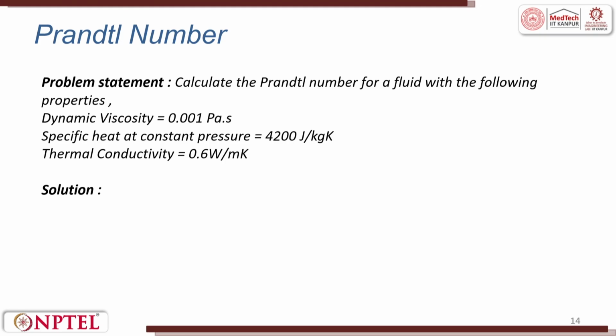Another problem asks about the calculation of the Prandtl number for a fluid when we have been given the dynamic viscosity, specific heat at constant pressure and thermal conductivity as these values. Here we have mu as 0.001 Pascal second, Cp as 4200 joules per kg Kelvin, and thermal conductivity as 0.6 watts per meter Kelvin.